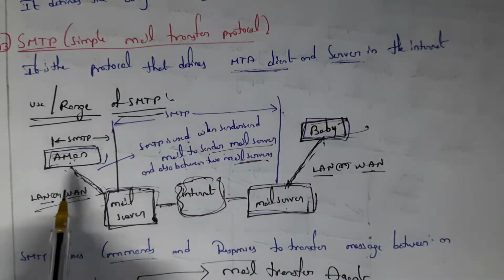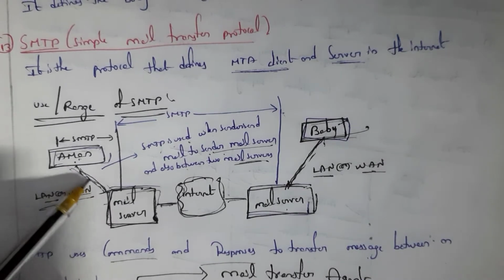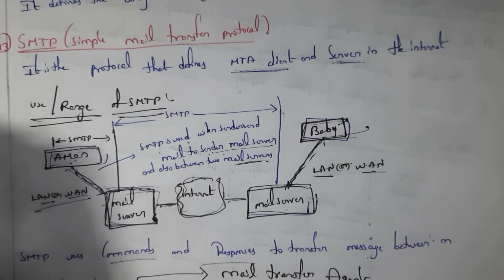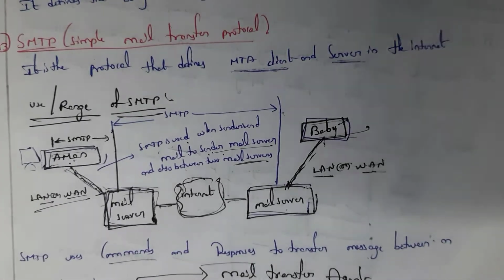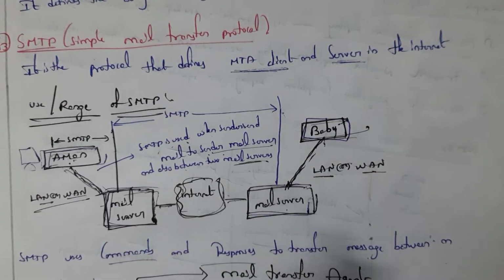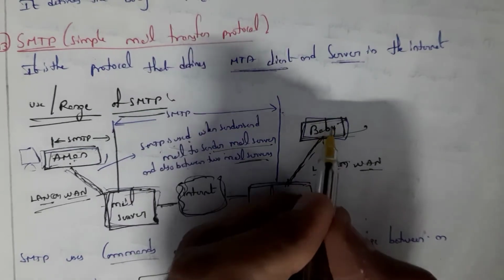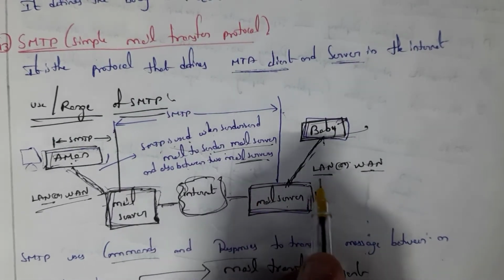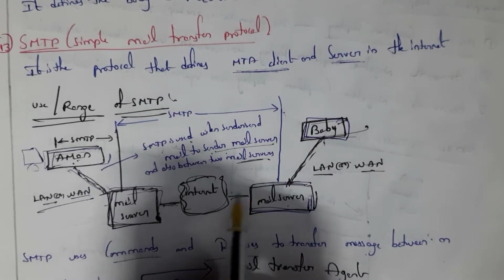Aman has one system, and the system is connected with the mail server through LAN or WAN. Similarly, Baby's system is connected to a mail server through LAN or WAN. Both mail servers are connected to the internet.